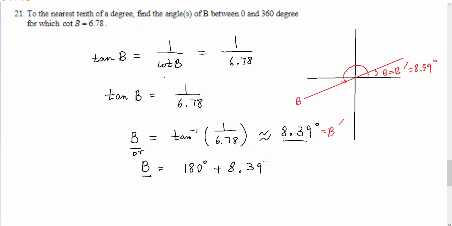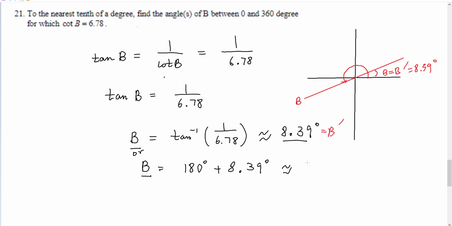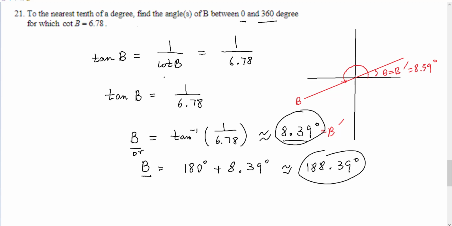So we just have to add 180 to that. I can just write it as 188.39 as my second number. So we have two answers, one in quadrant 1 and one in quadrant 3, both angles between 0 and 360 degrees. There are two answers for this one.